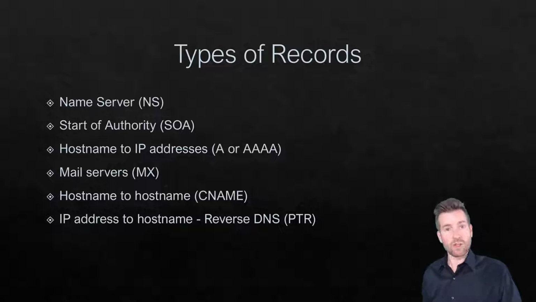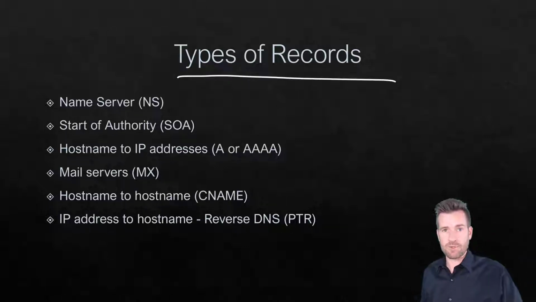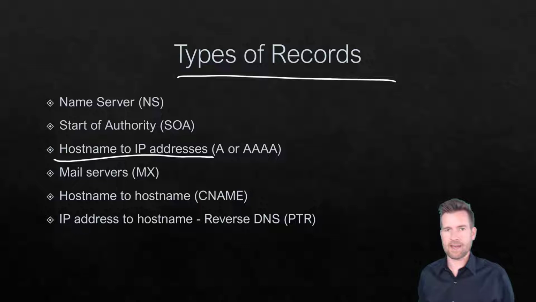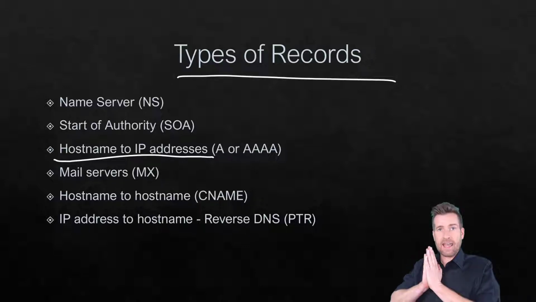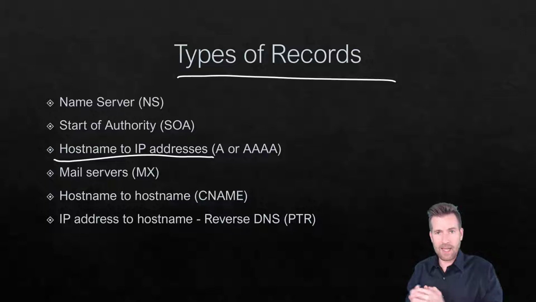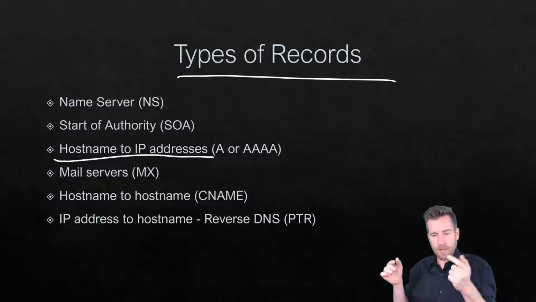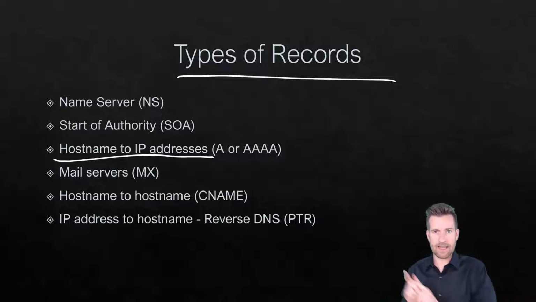All right, so there are actually several different types of records on a domain name server. Let's talk about a few of them. Up until now, we talked about host name to IP address. For instance, if a server has example.com and you're looking for www.example.com, it's going to look up the record for www within its domain, find the IP address, and send it back.